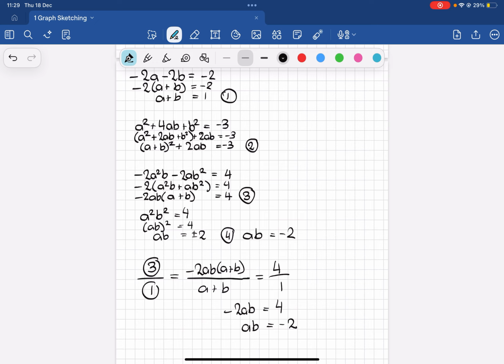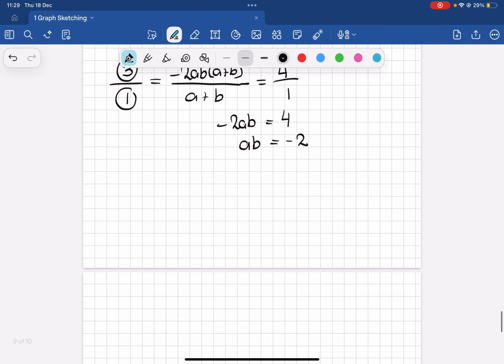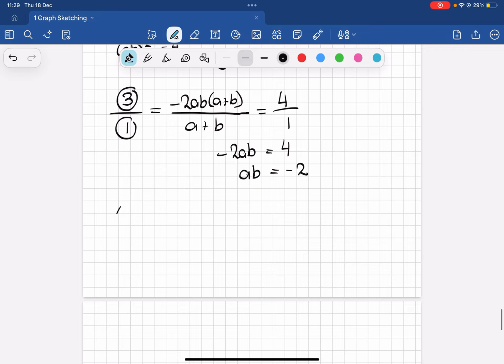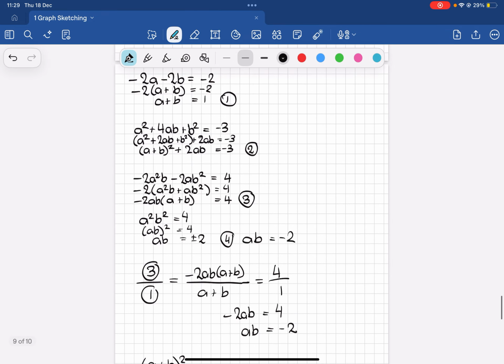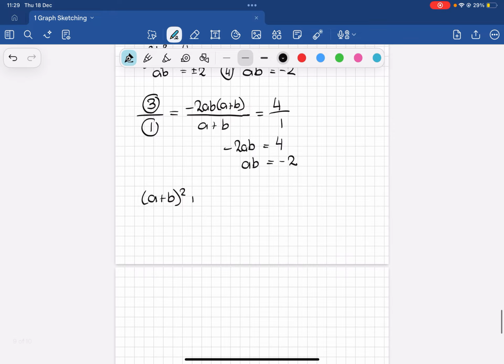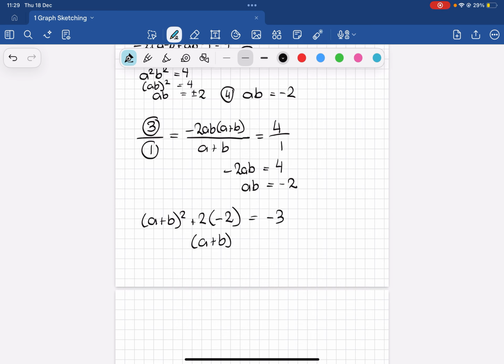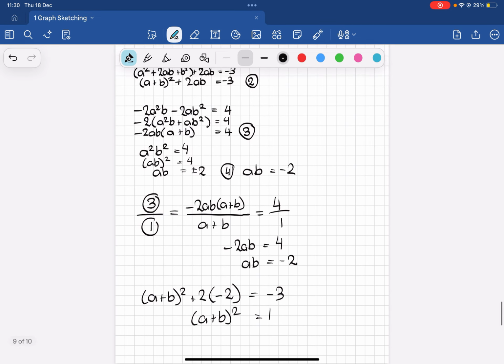Well, we can put this into equation. How does this help us? For ab equals minus 2. Well, let's sub this into equation 2. So we've got (a plus b) squared plus 2 times minus 2 equals minus 3. (a plus b) squared equals 1, meaning a plus b equals 1.